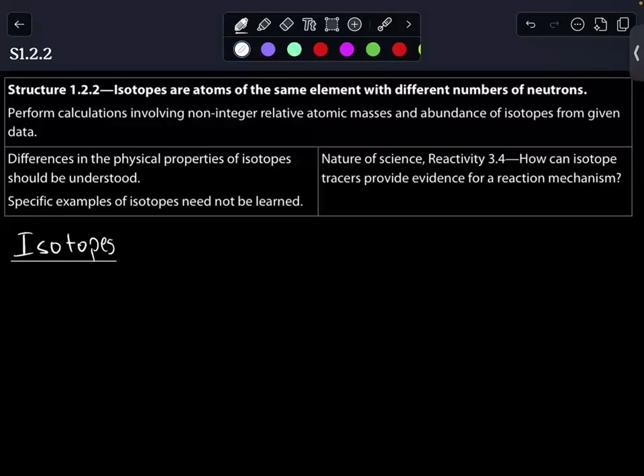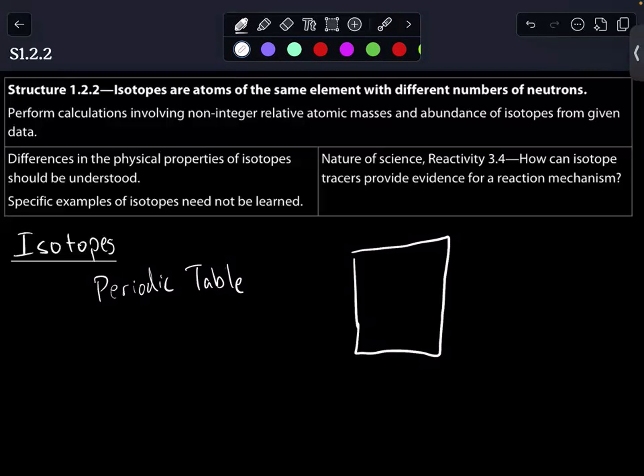So when we talk about isotopes, the first thing we need to note is our periodic table. Now, in our periodic table, usually we have these boxes, about 118 of them, and they have a couple things. The first thing is we have our atomic number. From the previous lesson, our atomic number is the number of protons, and that number identifies the element.